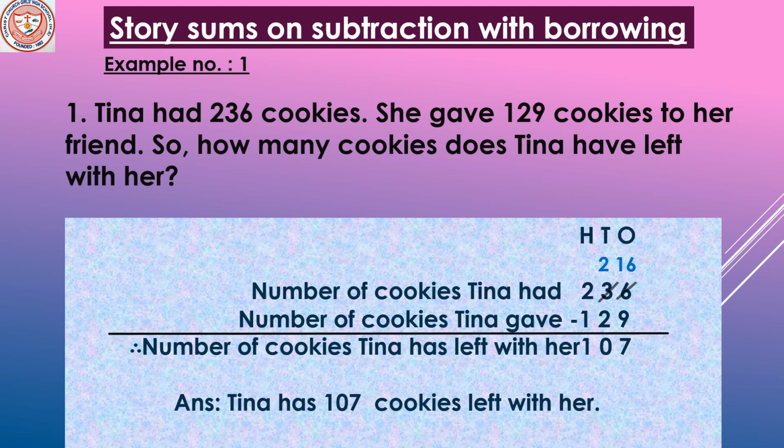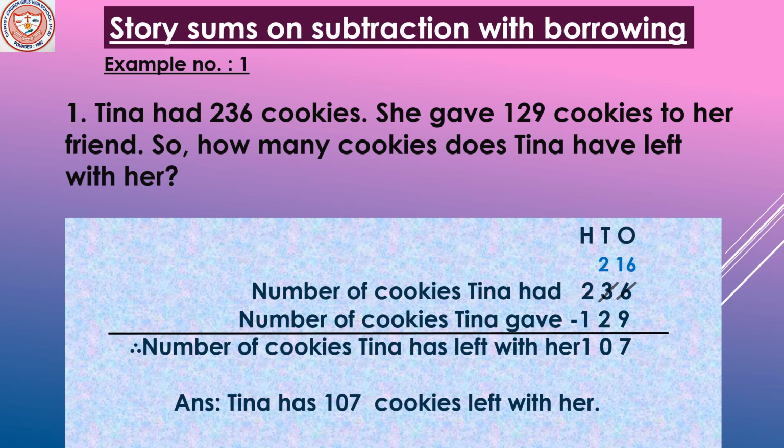We have to subtract 129 from 236. It means we have to write the numbers according to their place value at first. After that, we will follow the steps. Step number 1. Subtract the ones. Here in the ones place there are 6 ones and 9 ones.